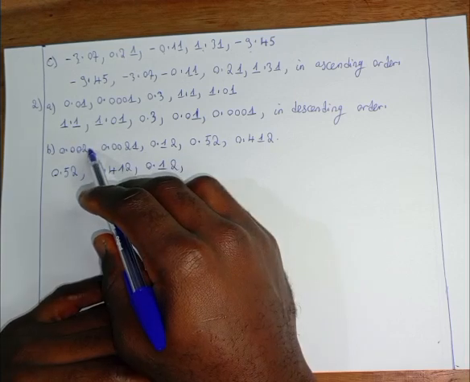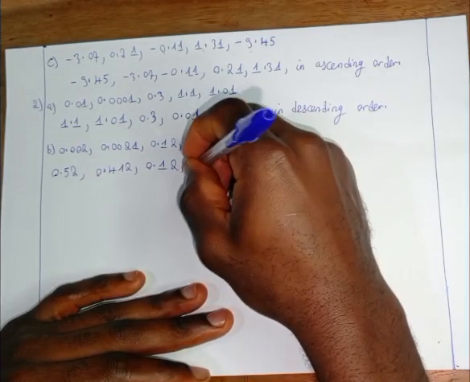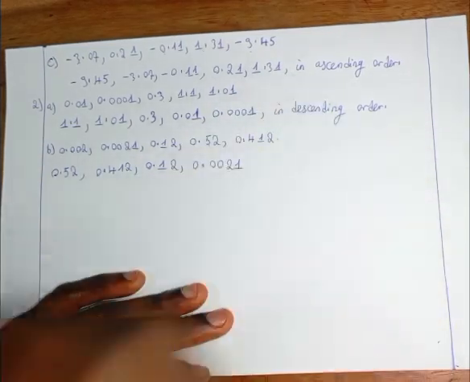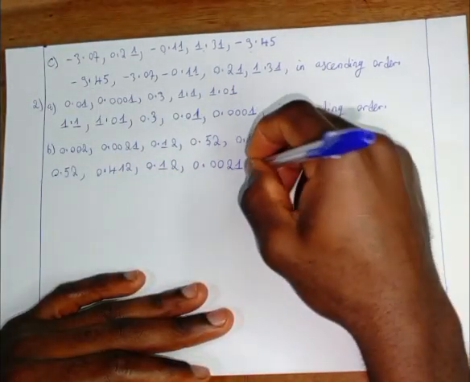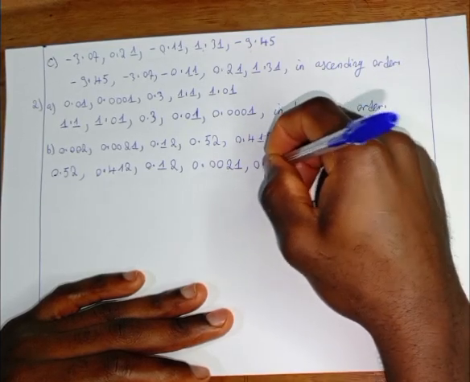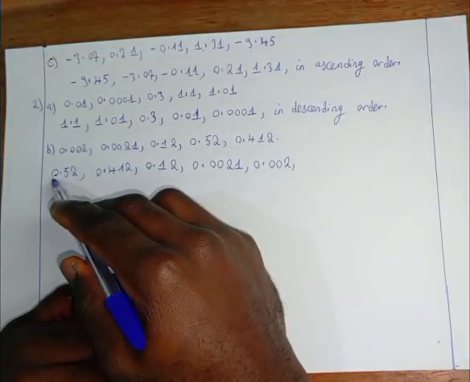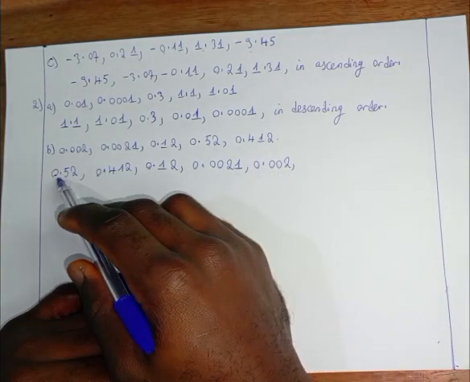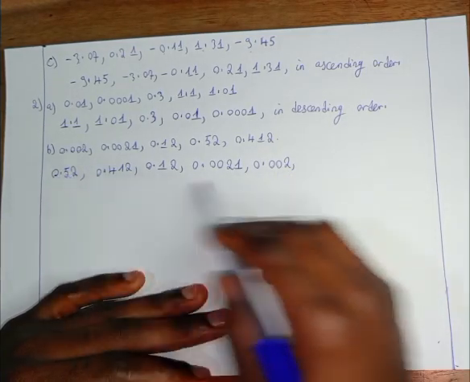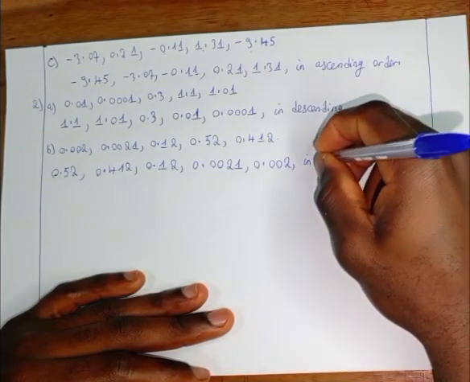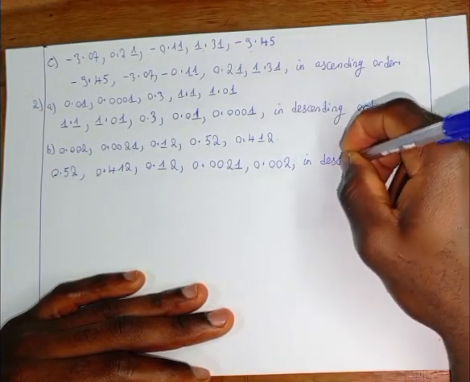Here there is no fourth digit. It simply means 0.0021 is greater than 0.002. So from the biggest to the smallest, we have 0.52 as the biggest and 0.002 as the smallest in descending order.